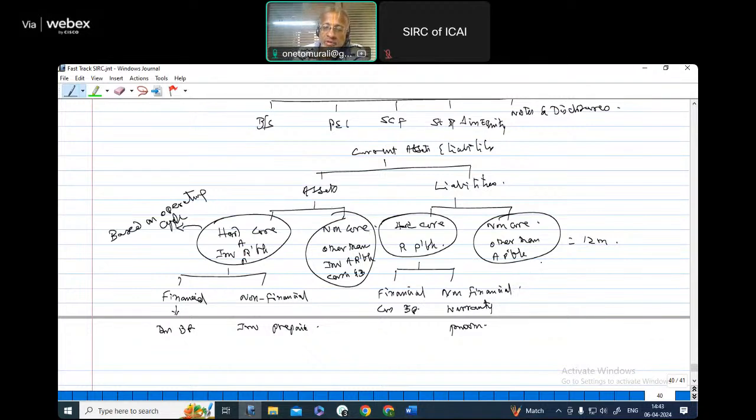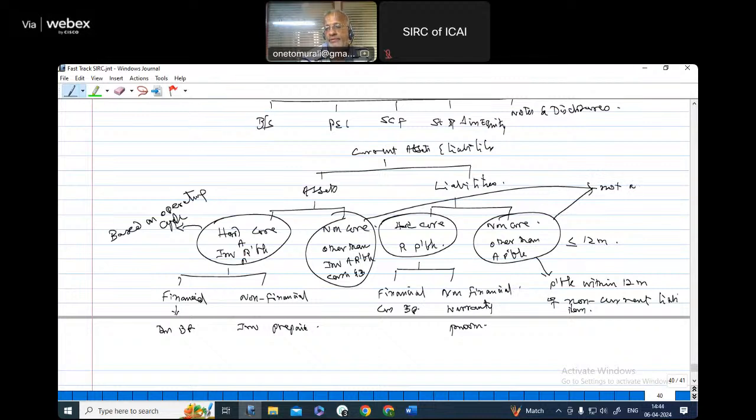So this portion, less than or equal to, is correct only. Within 12 months of non-current liability items, this portion is not affected by operating cycle.